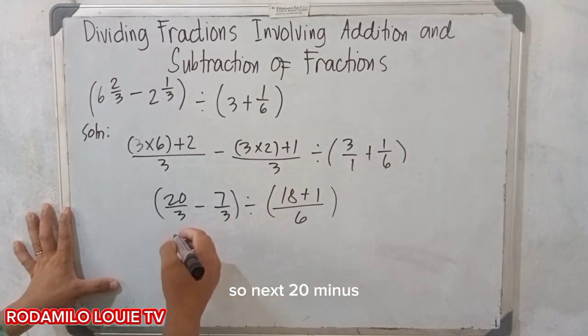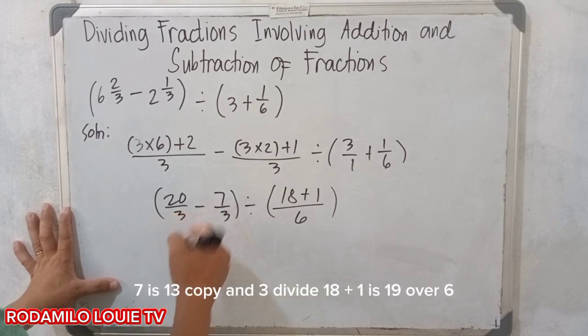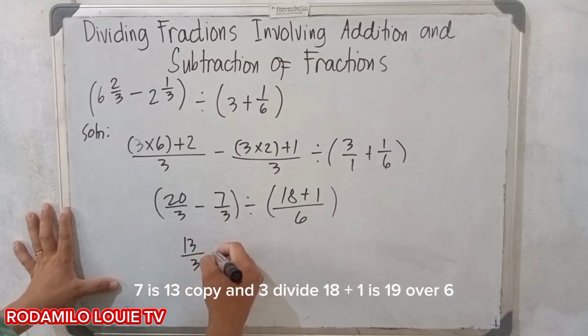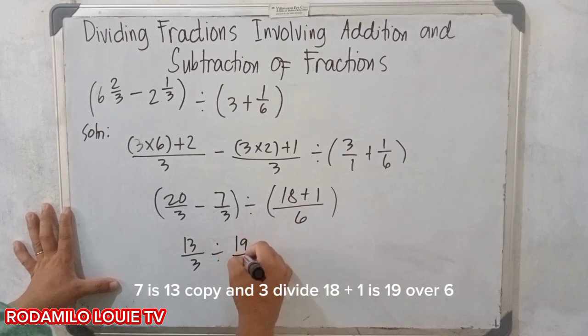So, next. 20 minus 7 is 13. Copy the 3. Divide. 18 plus 1 is 19 over 6.